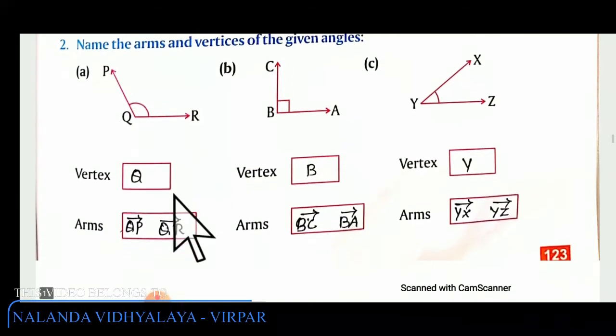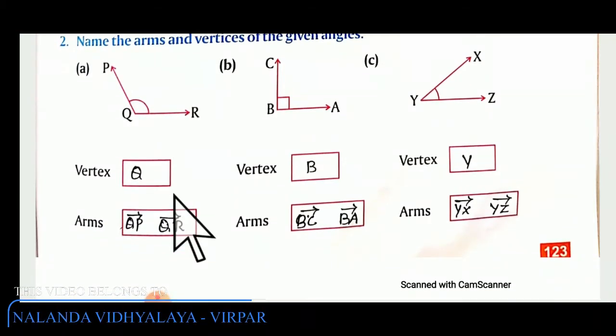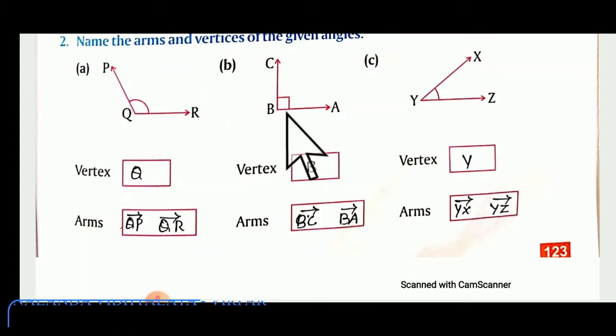Write and draw the arrow over it, it shows that it is a ray. For B, the vertex is B and BA and BC are the arms. For C, in angle XYZ, the vertex is Y and the arms are YZ and YX.